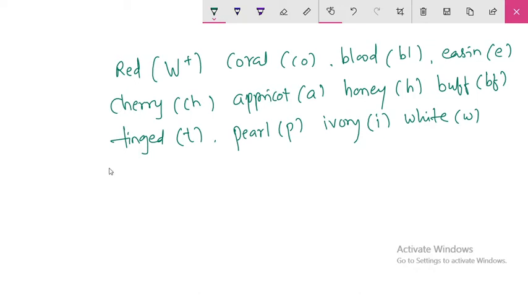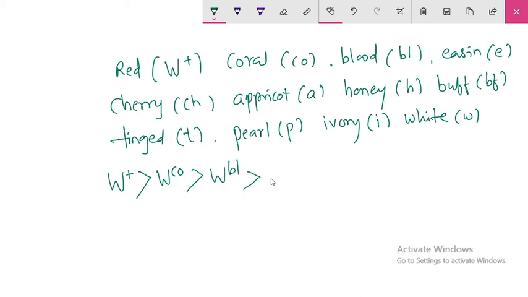If we study the hierarchy, this hierarchy is denoted as W plus, which is the dominant, therefore it is the plus, or the wild type. This wild type is dominant over the coral. Coral and the others are different shades of the red color, in between the red color and white color. This coral color is dominant over the blood color.